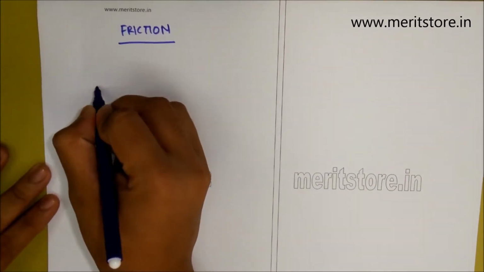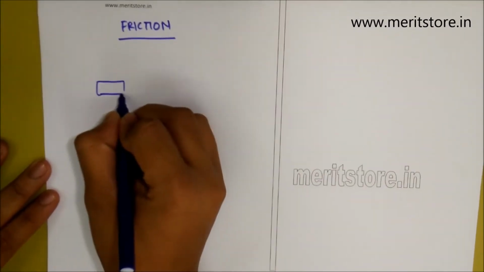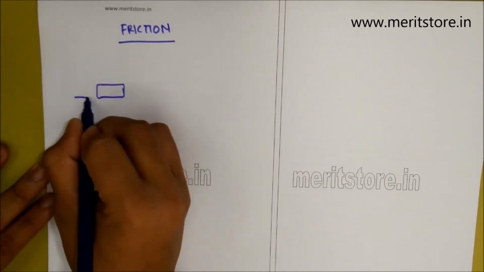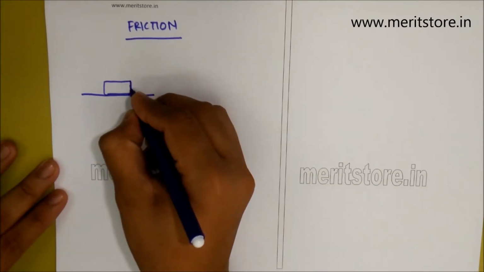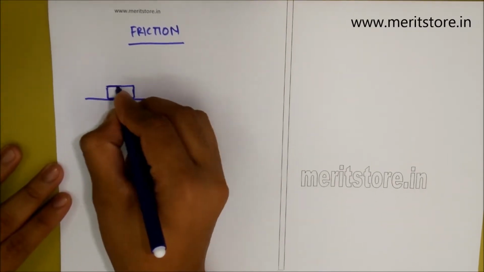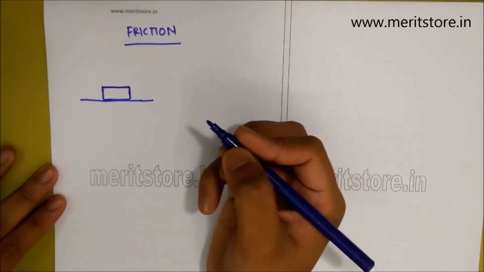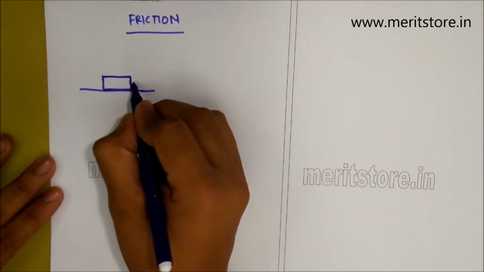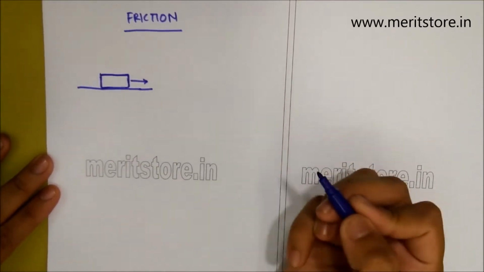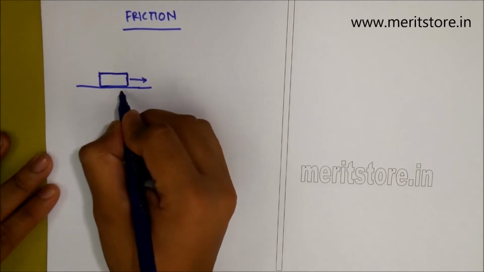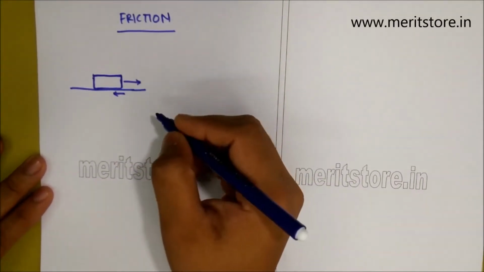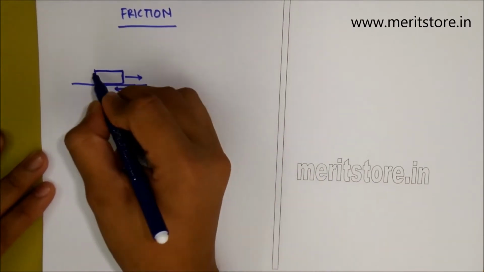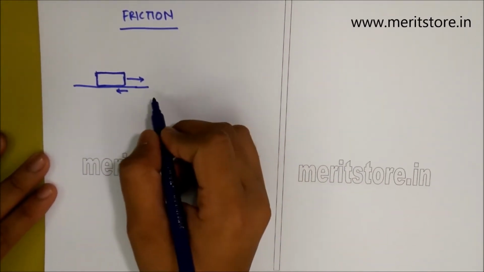So say for example we have a body over a surface. These two bodies will tend to experience a force of friction, due to which when we pull this body in this direction, this body will oppose the motion of the body on top, due to which the motion of this body will be restricted.